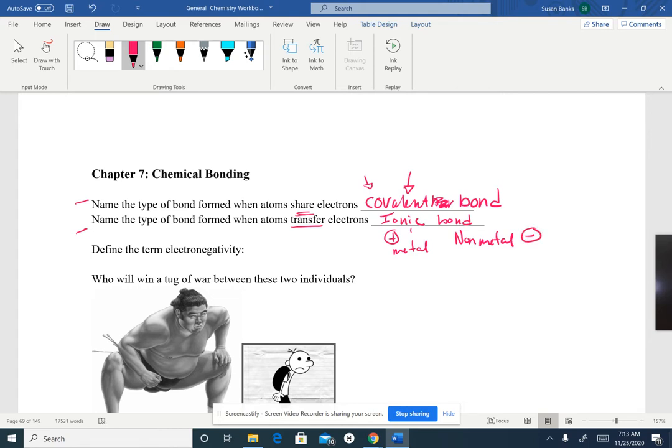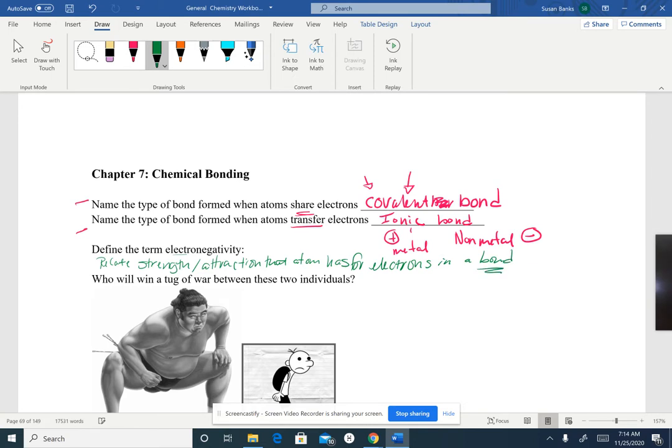Okay? Let's define electronegativity. We did that a bit ago as well. Electronegativity is a relative strength or attraction that an atom has for electrons in a bond.